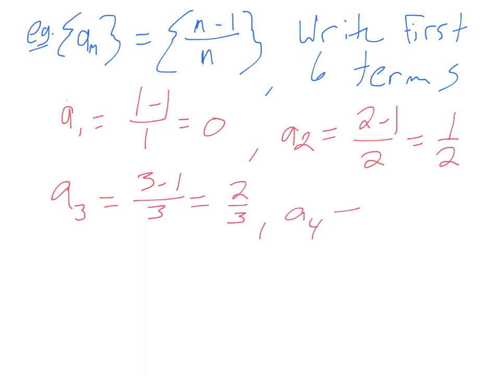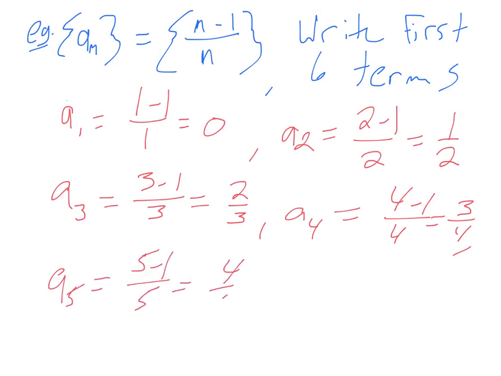A sub 4, which will be 4 minus 1 over 4, which is 3/4. A sub 5, which will be 5 minus 1 over 5, which is 4/5, and a sub 6, which will be 6 minus 1 over 6, or 5/6. So those are the first 6 terms of that sequence. Being able to just write that down is important.